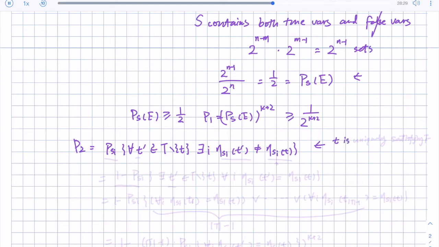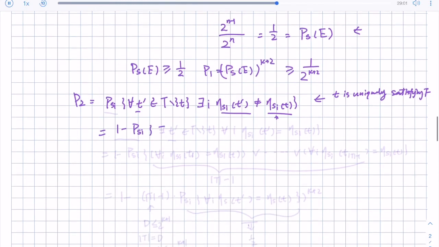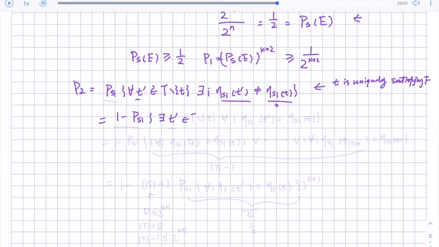T is uniquely satisfying F. Because we're saying for any T prime that is not T, there is some gadget that's not satisfied by T prime, because we already said the gadgets are all satisfied by T. And this probability can be further written as 1 minus the probability that there exists some T prime in T different from T, such that for all i, eta s_i T prime equals eta s_i T. So we're taking the complement.